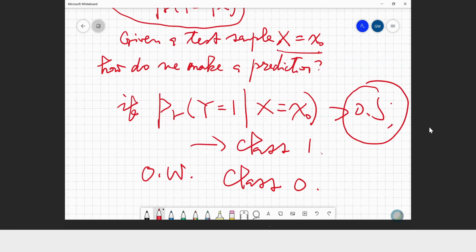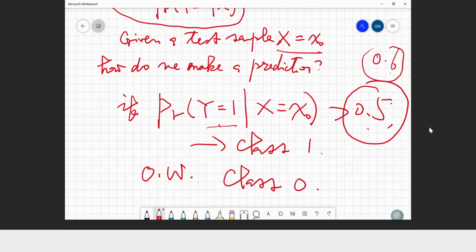Certainly you can say, okay, let's change it. Not 0.5, how about 0.6? If it's 0.6, then it's harder to predict the test sample as from the positive class. But if you reduce the threshold from 0.5 to 0.4, it will be easier to predict the test sample as from the sick class.